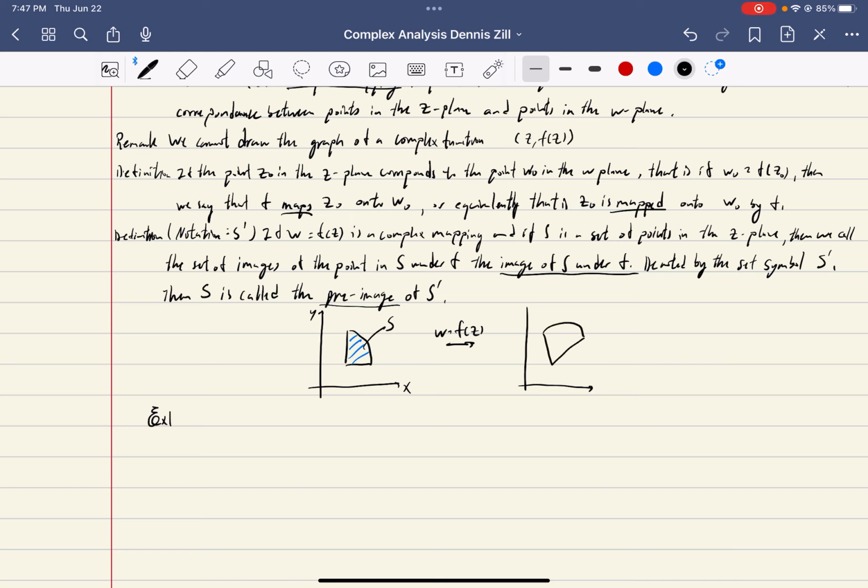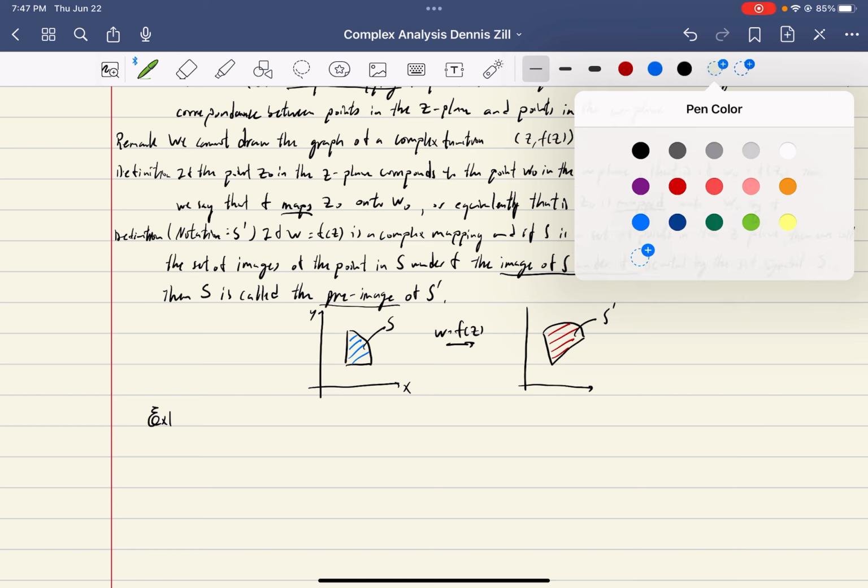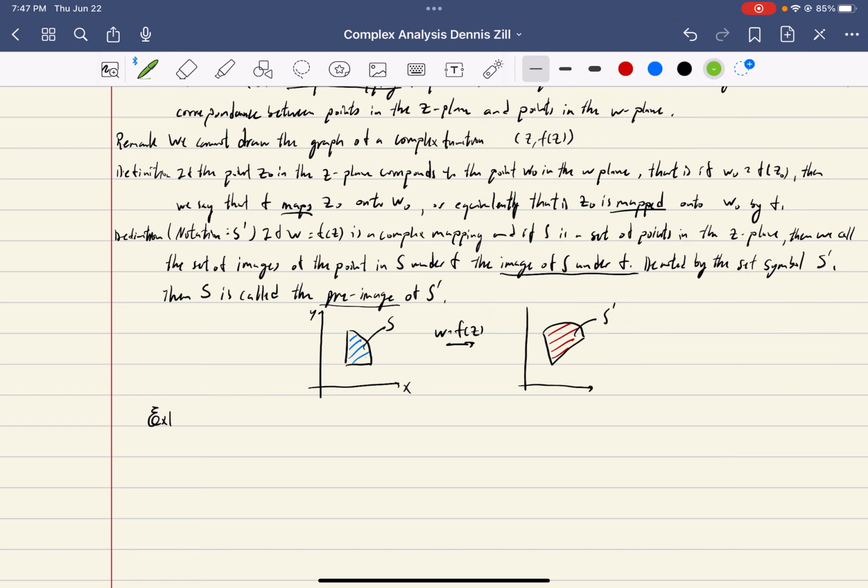Let's color it red, and we call it S prime. And we say a point, maybe z naught, maps into, we call this w naught.